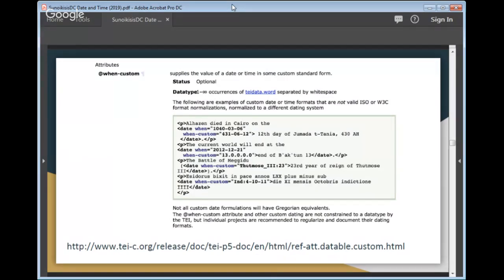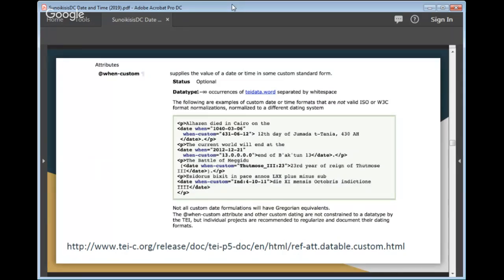Presumably that's not an error, and there is a reason why we've normalized that to 431 rather than 430, although it might be an error. I don't remember now. But the point is that you have both a normalized and validatable Gregorian date, and you have this custom date, which is in some other, non-Gregorian format.